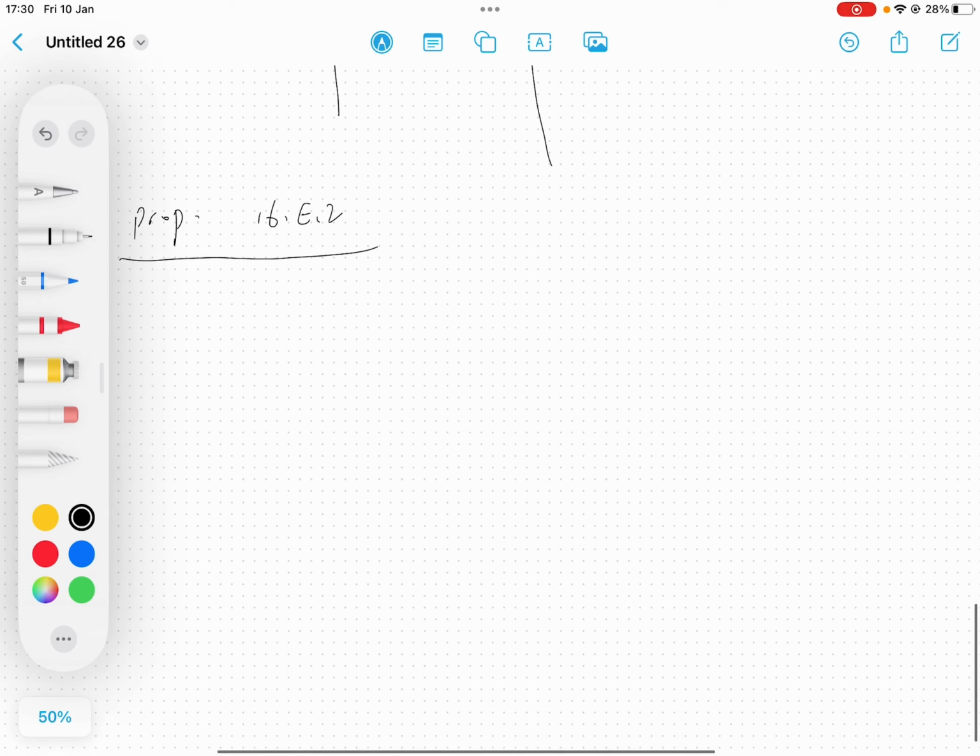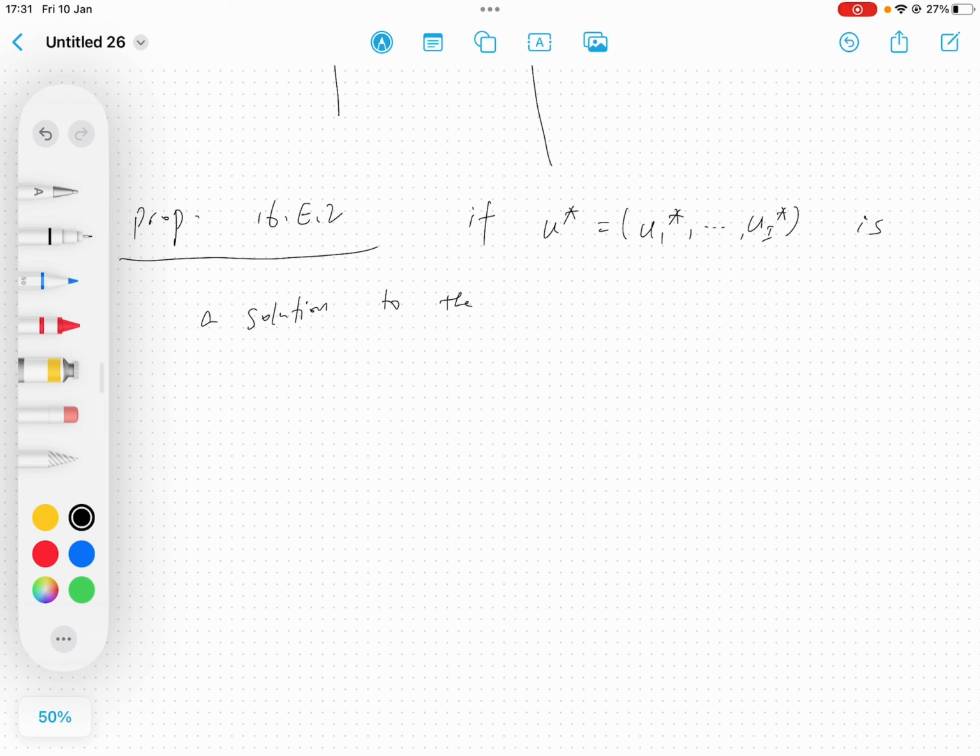We say that if U star, from U1 star up to UI star, is a solution to the above problem with lambda a positive vector, then U star is in UP.